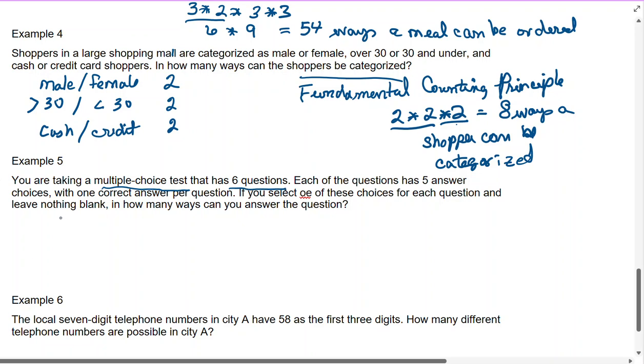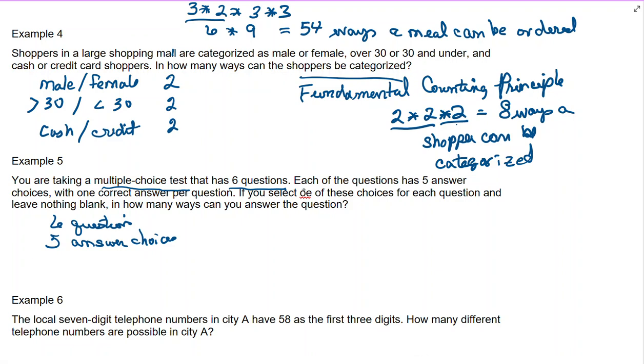So I've got 6 times 5, 30 ways to answer 6 questions. All right. That's why a multiple choice test, I always think of it as a best guess. They always confuse me.